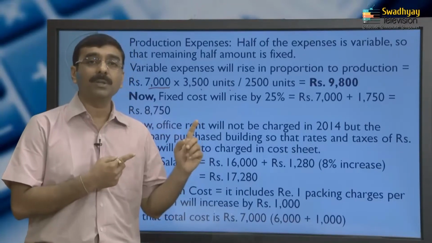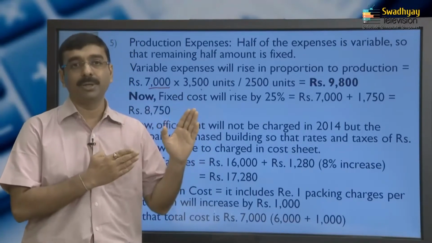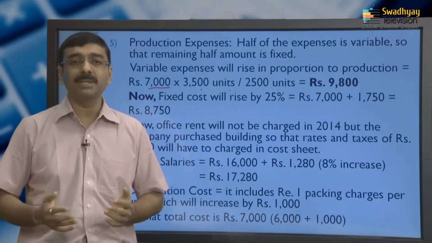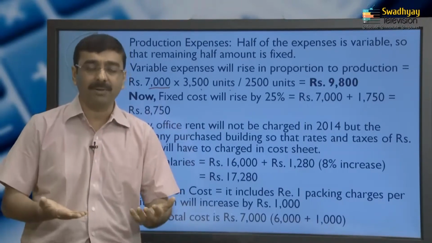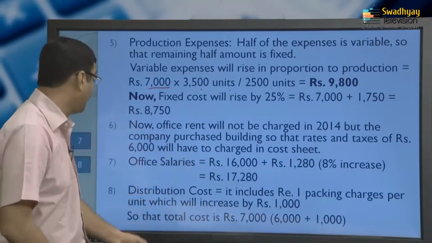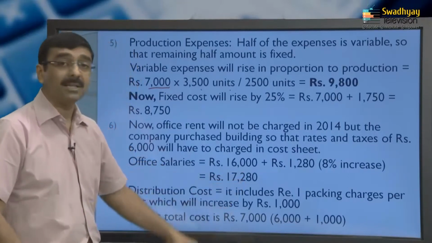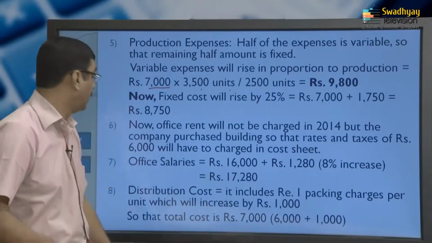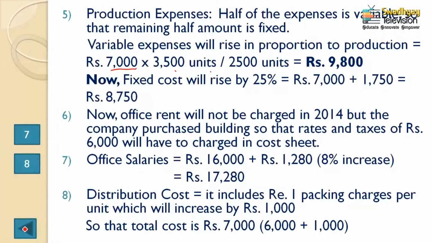Because in the year 2013 they manufactured 2500 units, but now in 2014 onwards we will manufacture 3500 units. So it increased by 1000 units, and it is clearly mentioned that the packing charges will increase rupee 1 per unit. So 1000 units at 1 rupee per unit comes to 1000. Last year the total distribution expenditure was 6000, but because of the increase of rupees 1000, the total distribution cost comes to 7000 rupees.